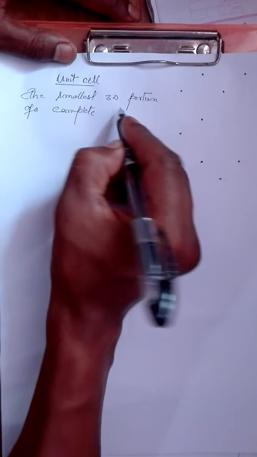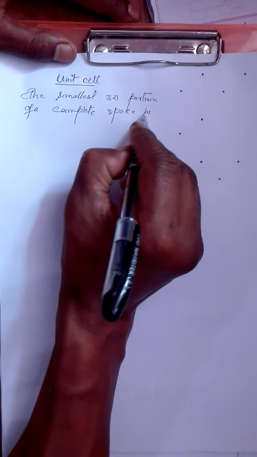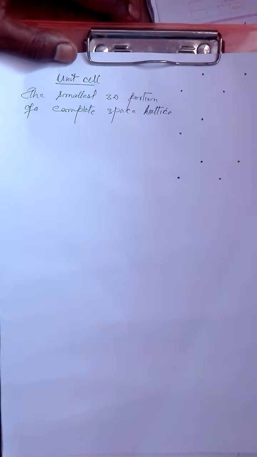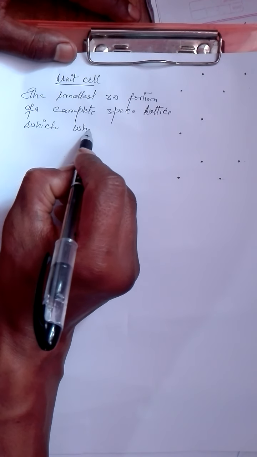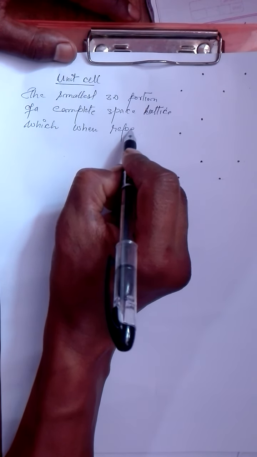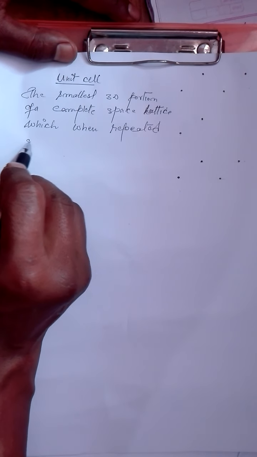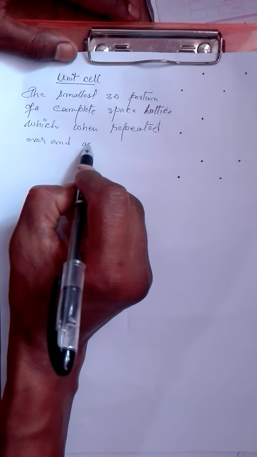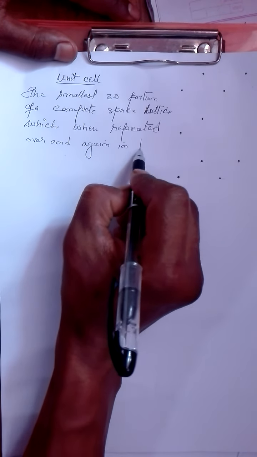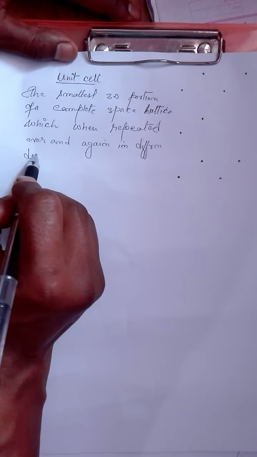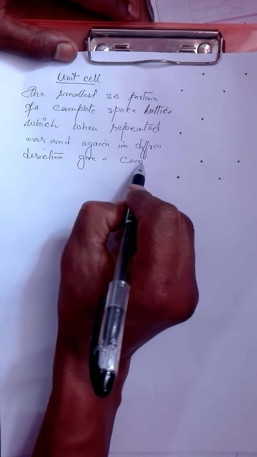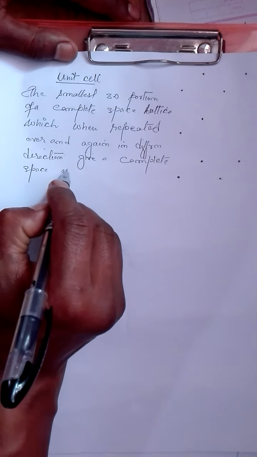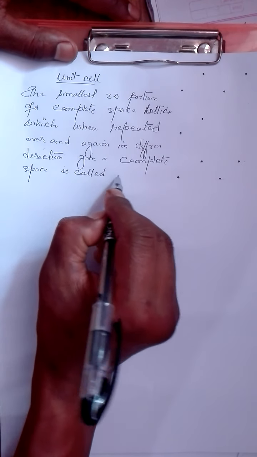The smallest three-dimensional portion of a complete space lattice, which when repeated over and over again in different directions gives a complete space lattice, is known as, or is called, a unit cell.